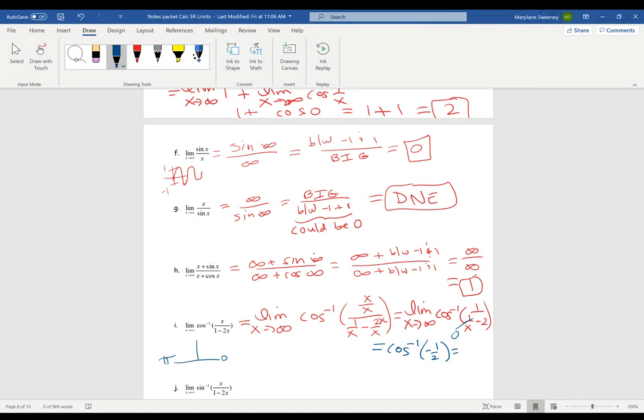If it's inverse cos of a positive value, it would be a quadrant 1 angle; on the unit circle, the range runs 0, pi over 2, or pi. It's a reference angle of pi over 3, but in quadrant 2, because the value is negative. So my quadrant 2 angle is 2 pi over 3.